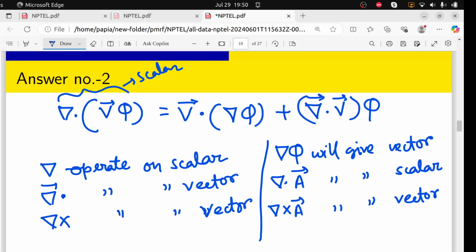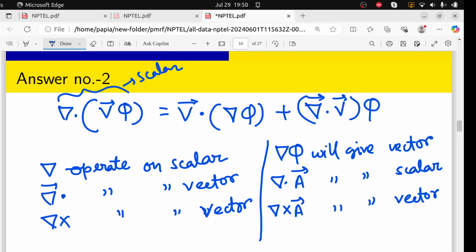Okay. Now coming to these things. First of all, I need to do something on v. v is a vector, so divergence or curl, these two can be done with this vector. So I can take divergence, because here it is divergence.